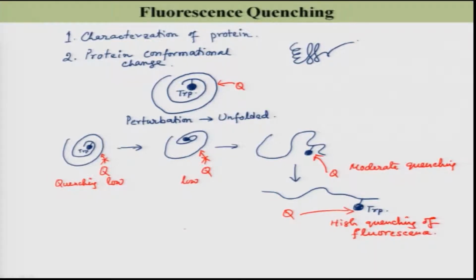Now, consider that you are giving this perturbation, which could be anything. It could be a raise in temperature, or the adding of some foreign agents like guanidine hydrochloride or urea. These are well known chemical denaturants which actually unfold the protein.